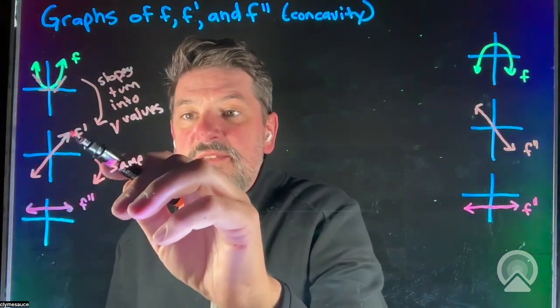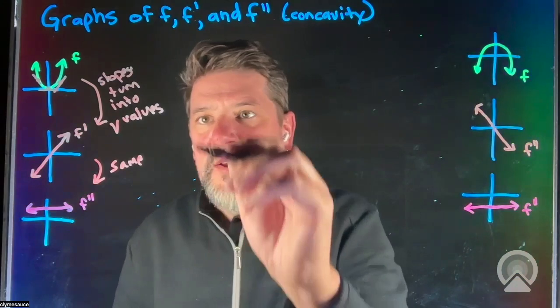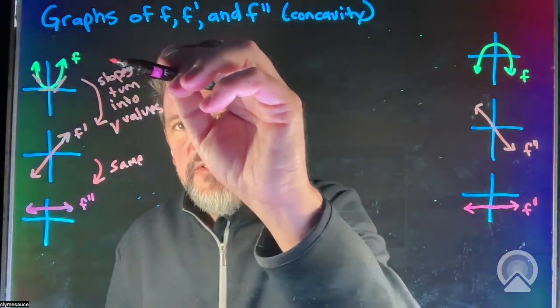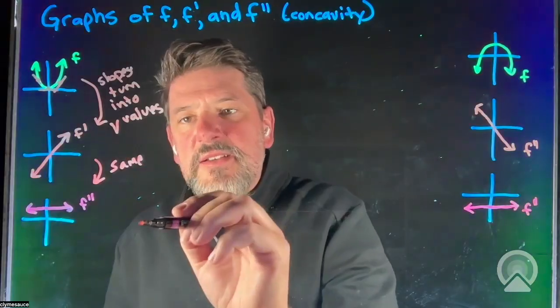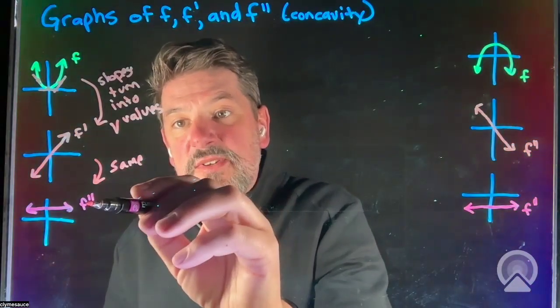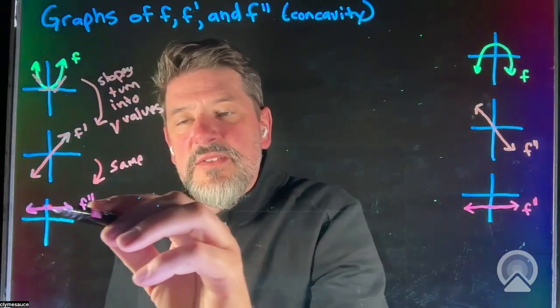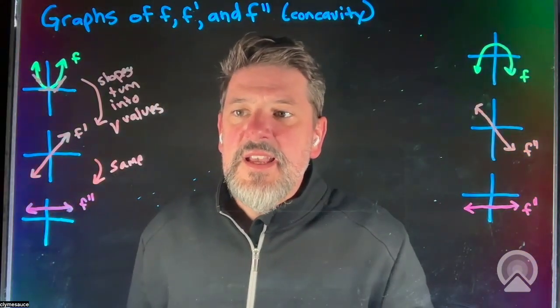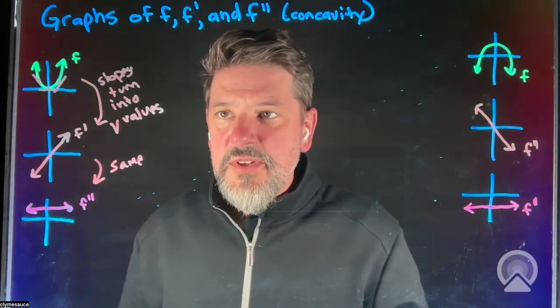So these positive slopes turn into positive y values here. So here's the key takeaway. As you go from f to the derivative of f, the slopes become the y values. And if we take another derivative, then the slopes of this graph become the y values of that graph. And that's how f prime and f prime prime are related to each other.